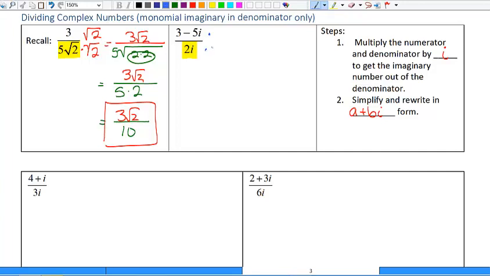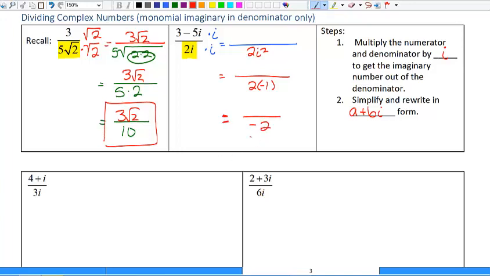So I am going to multiply by i over i. Whatever you do to the denominator, you must also do to the numerator. This gets me in the denominator 2i squared, and I needed 2 copies of i so that I could change that denominator to be 2 times negative 1, which is just negative 2.